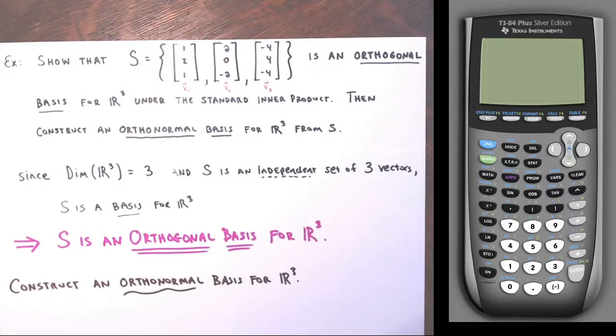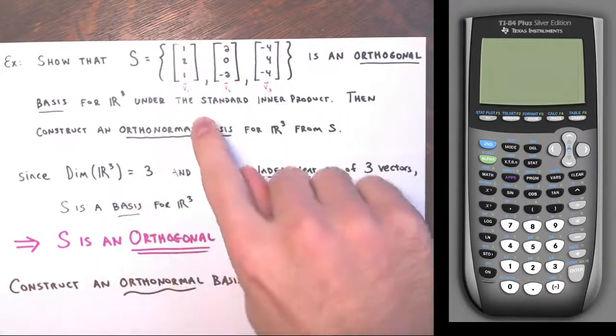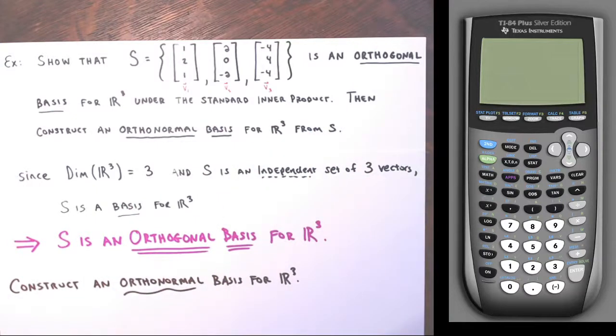So remember what I said before, this is simple. I have an orthogonal set already, an orthogonal basis for R3. I simply need to find the norms of these vectors and multiply by the reciprocal of the norm, or divide by the norm. Hopefully easy enough.